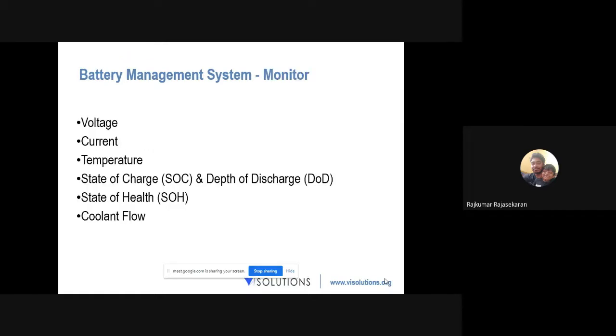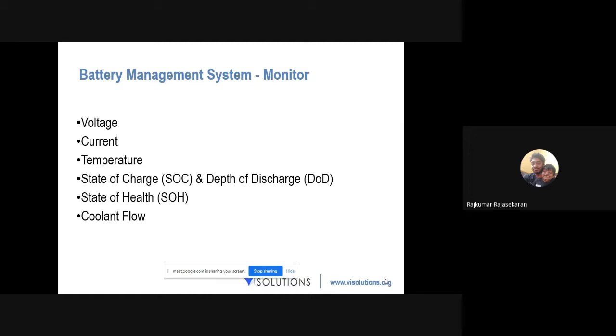But what are the parameters which we need to monitor? We have parameters like voltage, current, and temperature, which could be monitored directly. These are the three components which will typically be monitored by the BMS. We'll have a voltage measurement, a current measurement, and a temperature sensor, which will sense the temperature of the battery.